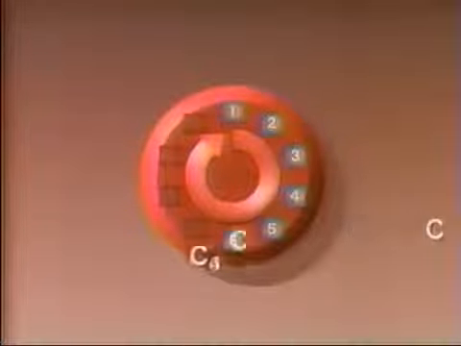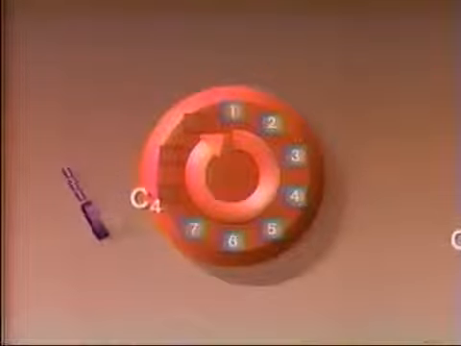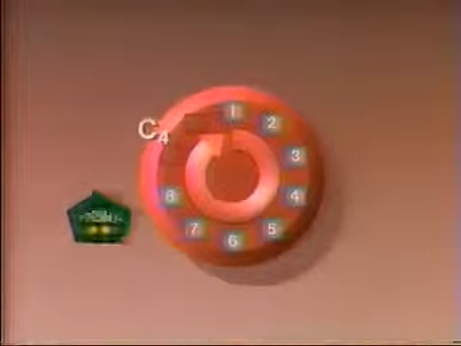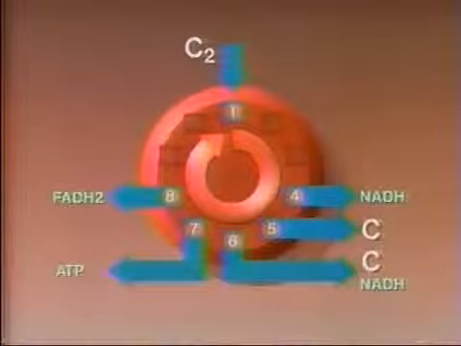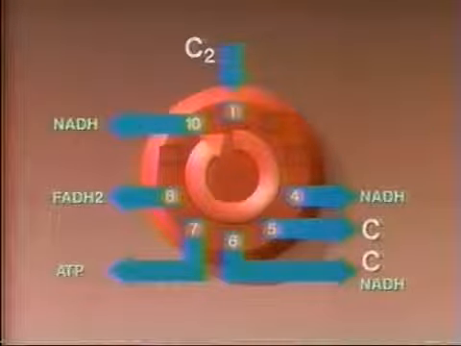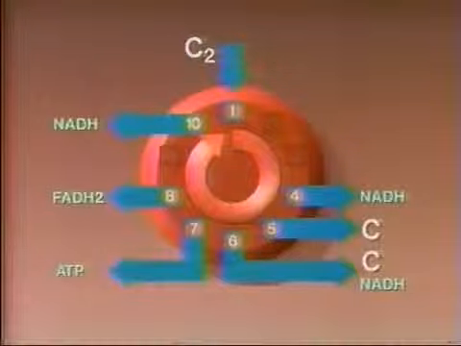But it is the release of energy bundles that we're interested in, ATP and the intermediate carriers. That's the overview of the Krebs cycle. Now a more detailed look at the cycle will reveal how the energy bundles are generated.